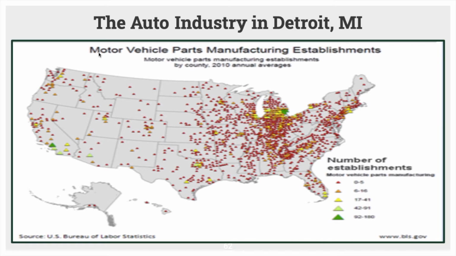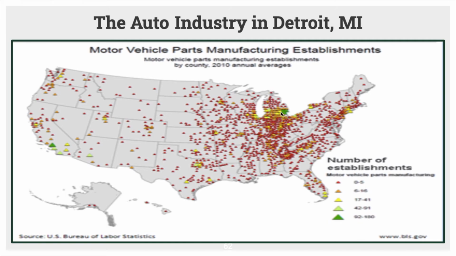These are motor vehicle parts manufacturing establishments in the United States. So all of these red dots have 0 to 5 establishments. The orange dots have 6 to 16, yellow 17 to 41, light green 42 to 91, and dark green 92 to 180.